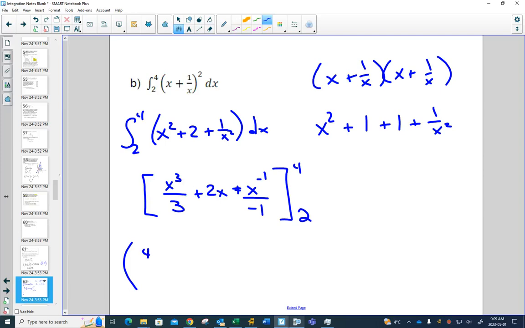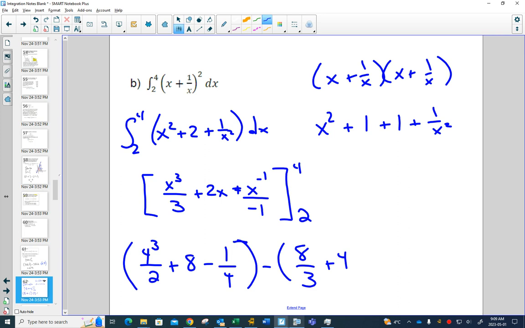So plugging in 4 cubed divided by 3, 2 times 4 would be 8, minus 1 over 4. And then subtract, plug in 2. 2 cubed is 8, over 3, plus 4, minus 1 over 2.